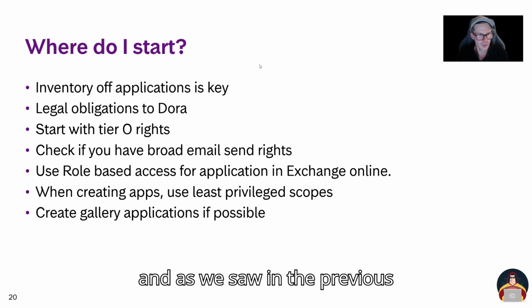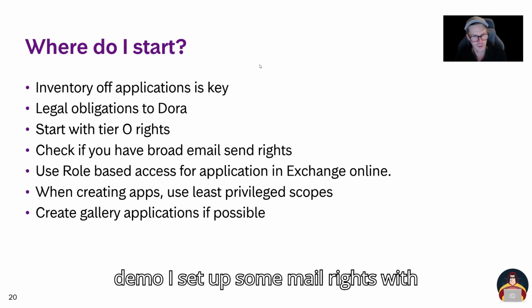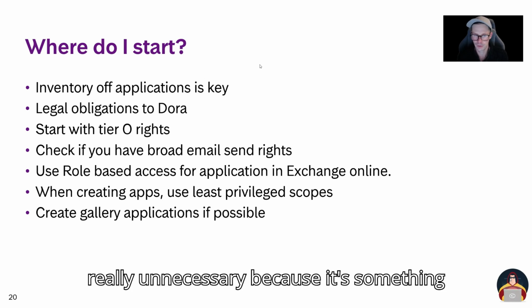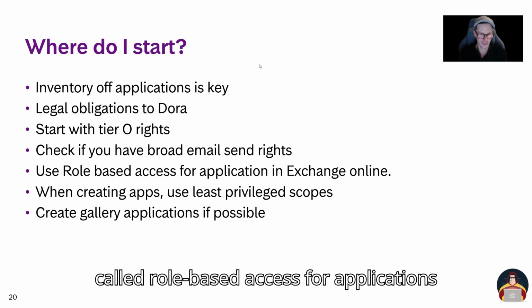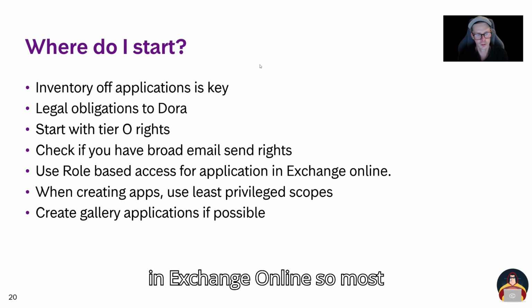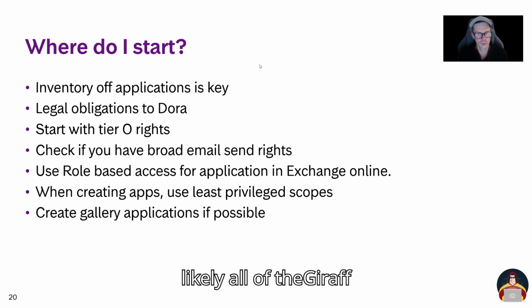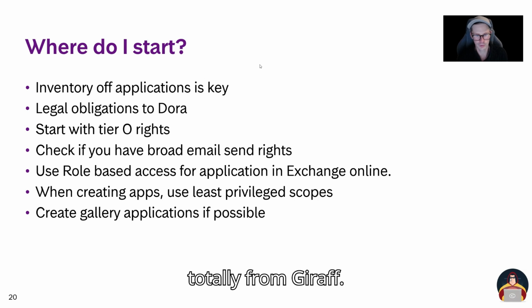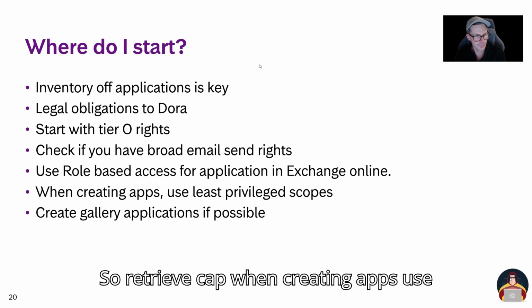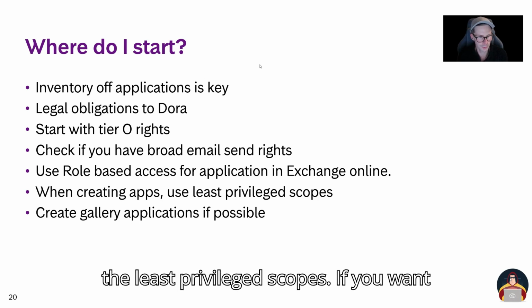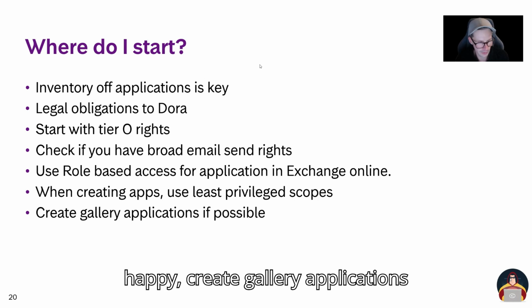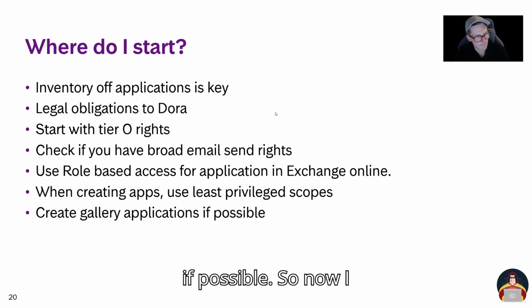And as we saw in the previous demo, I set up some mail rights with Graph API. That's really unnecessary because there is something called role-based access control for applications in Exchange Online. So most likely all of the Graph mail rights can be removed totally from Graph. To recap, when creating apps, use the least privilege scopes. If you want to make consumers and customers happy, create gallery applications if possible.